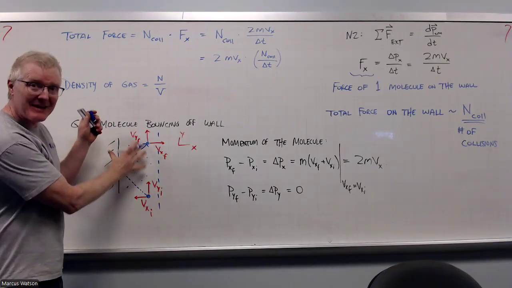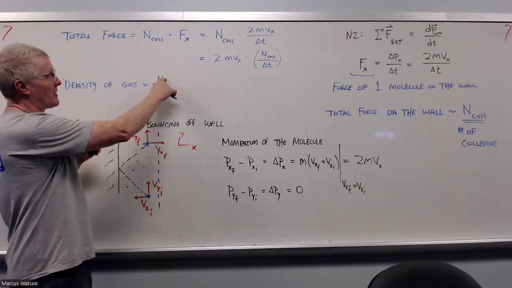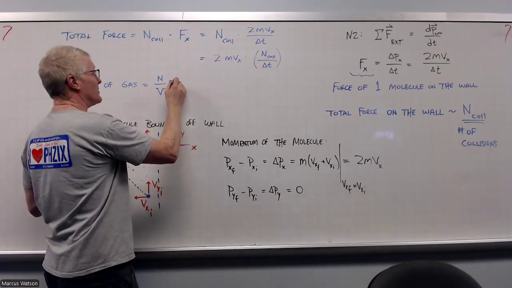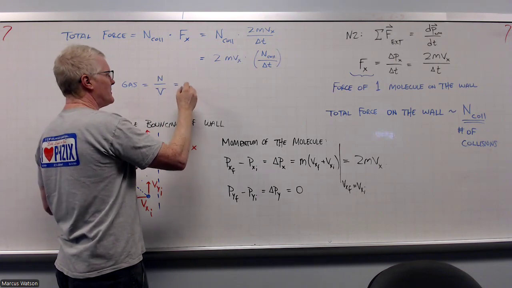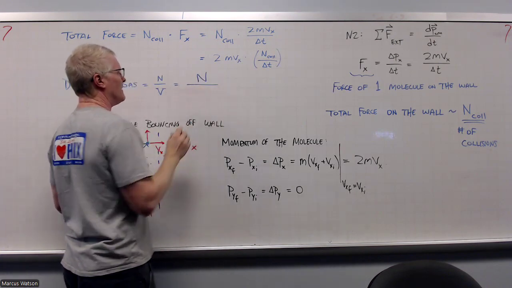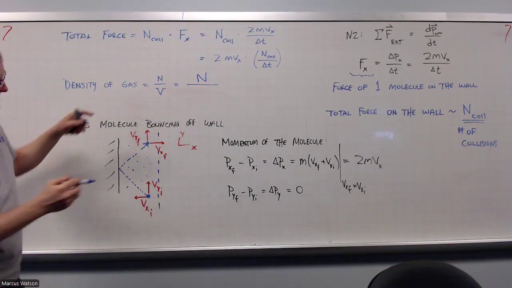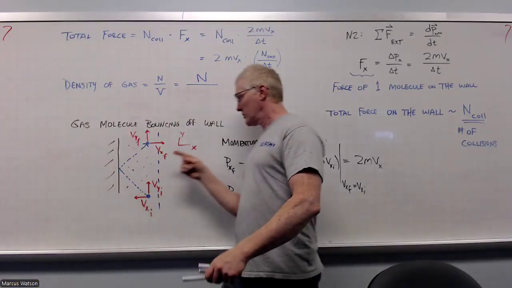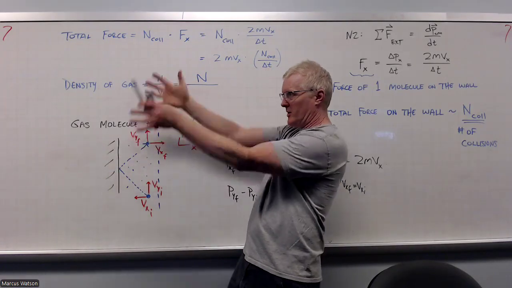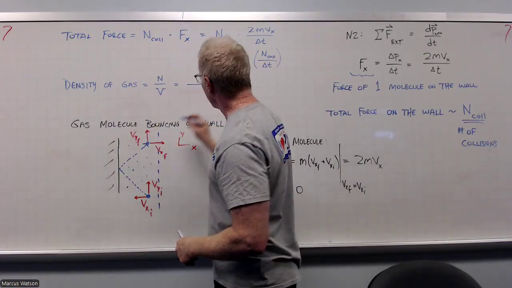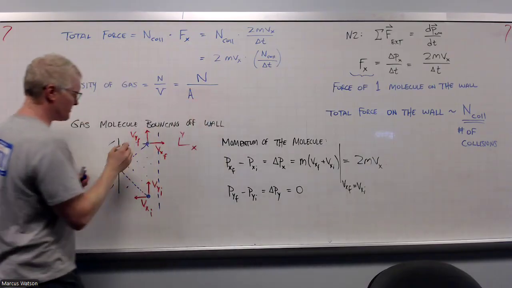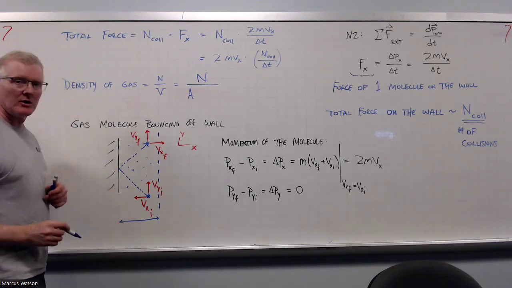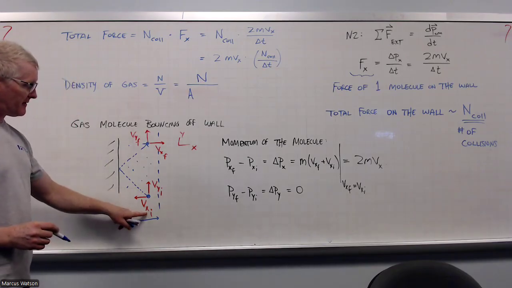Then I can talk about the number which are going to collide. So this number density, I can think of this volume as a certain area, as if I were looking at it from this side, multiplied by a distance from here to here, which is basically Vx times time.